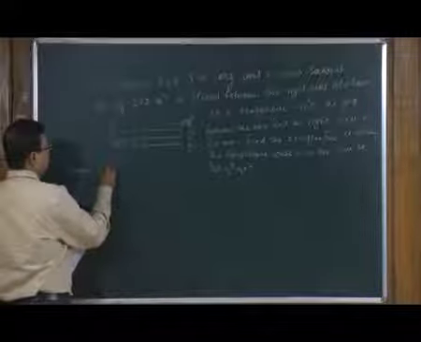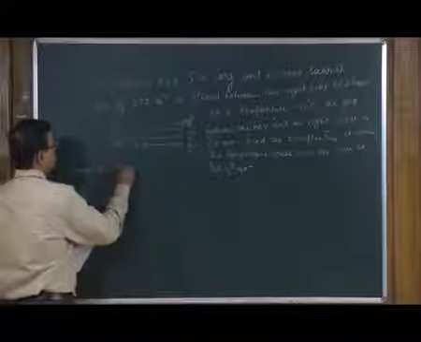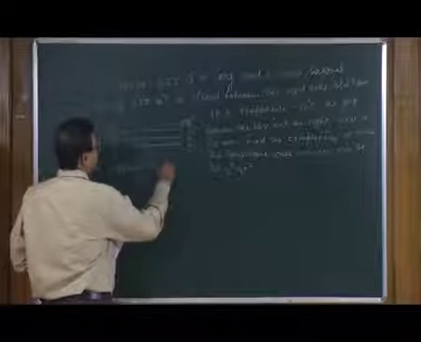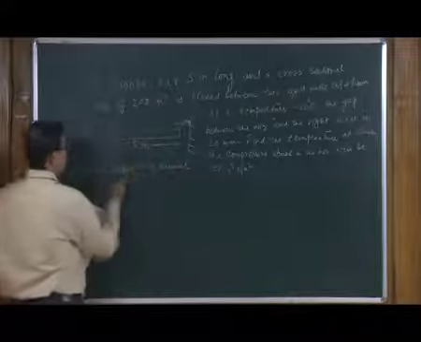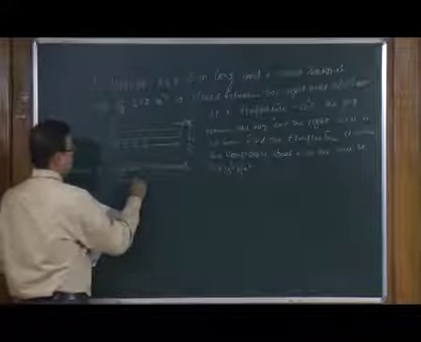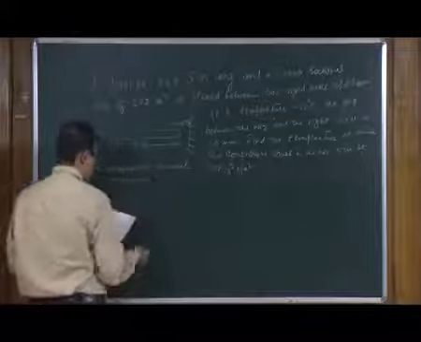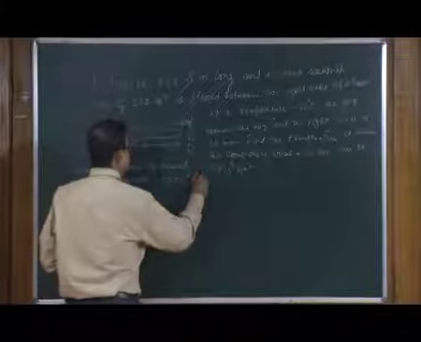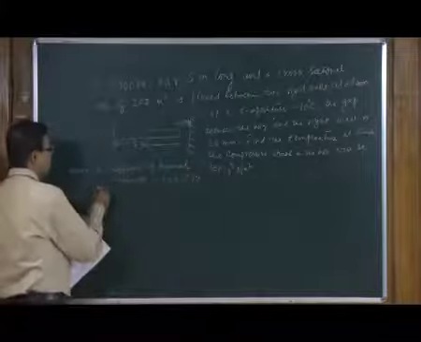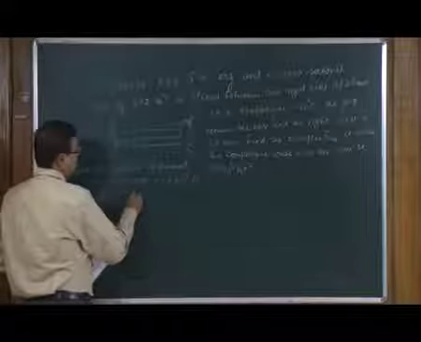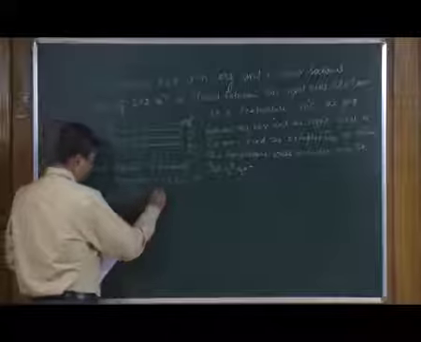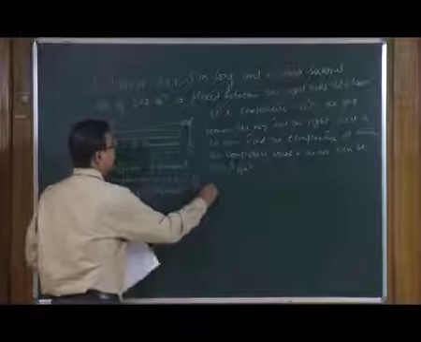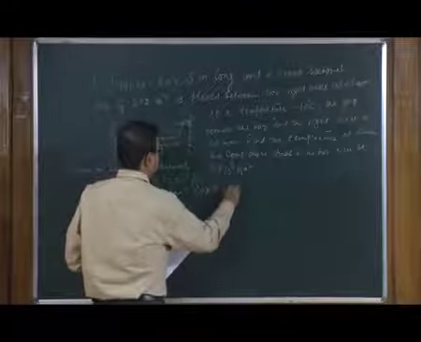alpha, which is the coefficient of thermal expansion, equal to 12 into 10 to the power minus 6 per degree centigrade, and Y, the Young's modulus, equal to 80 into 10 to the power 6 Newton per meter square.